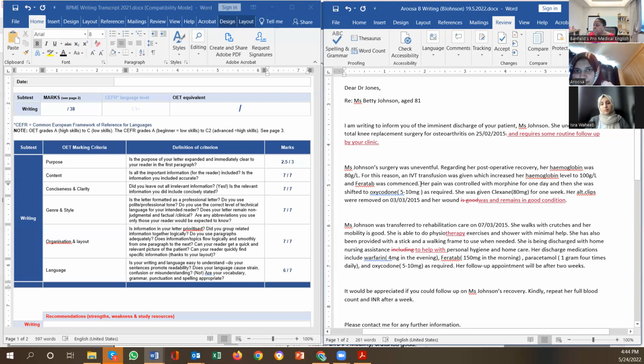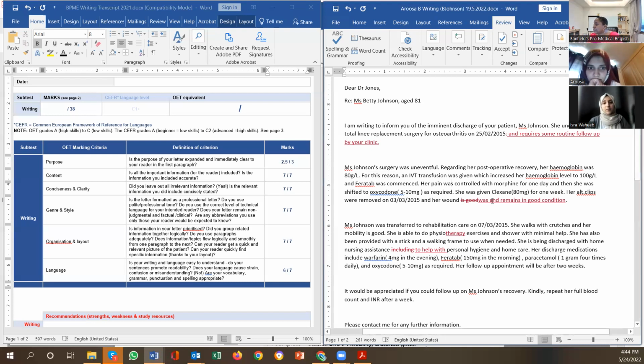She was commenced on Faratabs, which she continues still, and was placed on routine analgesia and anticoagulants. In other words, you can say routine analgesia, routine anticoagulants, and a transfusion to raise her HB to 10.